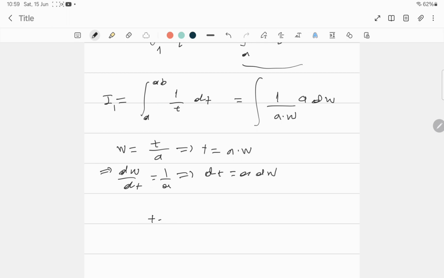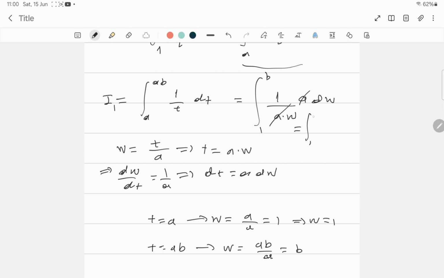So for t equal to a, w is equal to a over a, which is 1. And for t equals a times b, w is a times b over a, which gives me b. So I can simplify the a's, and I have the integral from 1 to b of 1 over w dw, which is the natural logarithm of b.